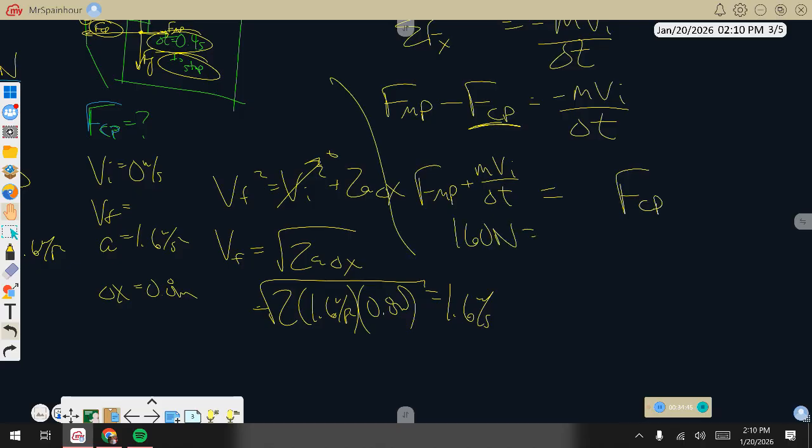What was the mass of the individual? What was the velocity initial heading into the cube? 1.6. And how much time did I say it took to stop them in the cube? 0.4 seconds. 160 divided by 0.4 should be the same thing as multiplying by 2.5, which would be 400. That's 400 plus 160 is 560 newtons in that particular case.